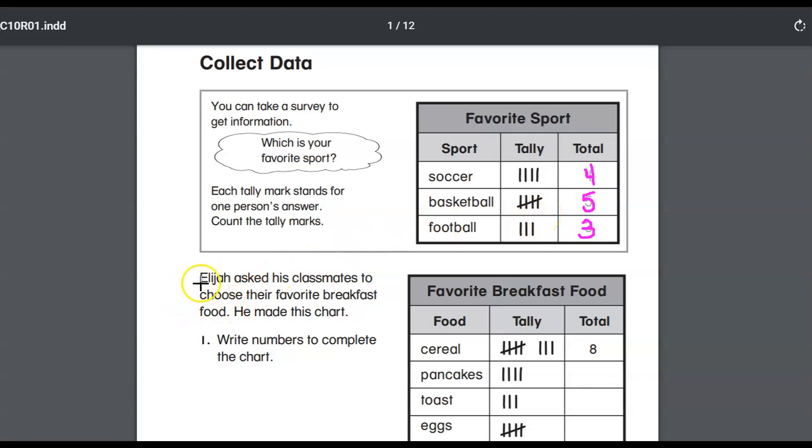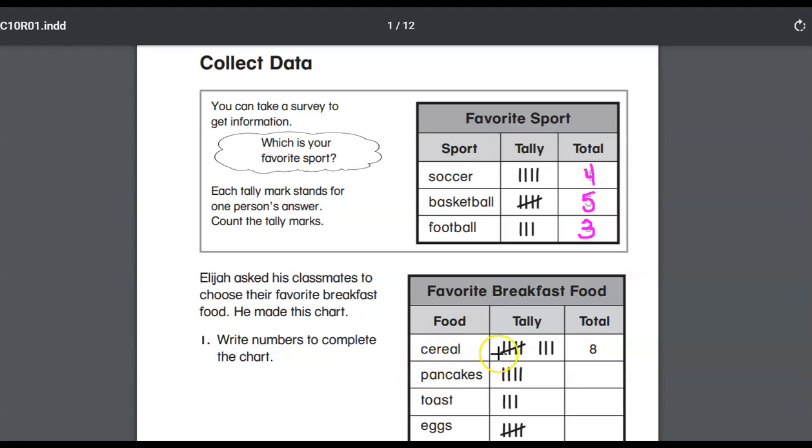Okay, we have a classmate here. Elijah asked his classmates to choose their favorite breakfast food. He made this chart. Our job here is to write numbers to complete the chart. Okay, so we have favorite breakfast food. Here are the foods, here are the tallies, and here is the total. So let's do this together.